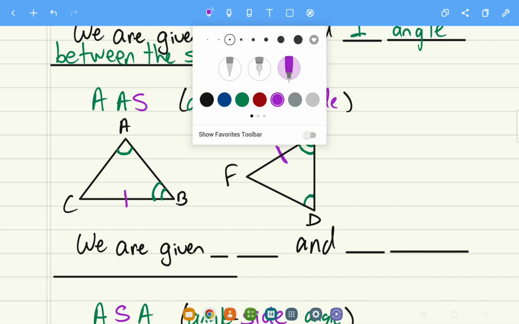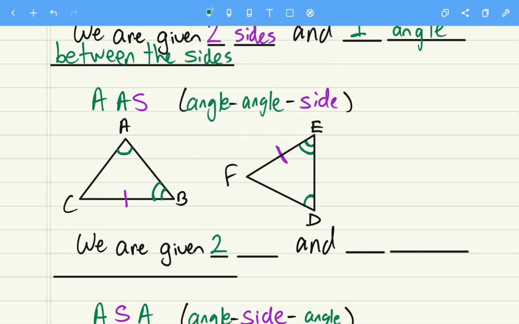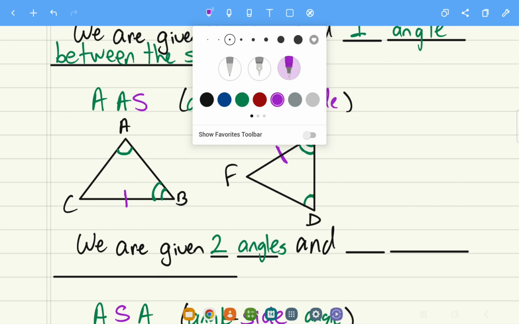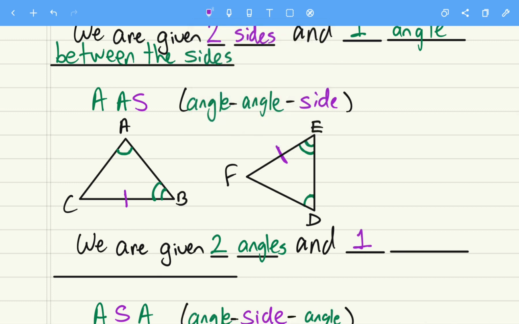So we are given two angles and one side next to or outside the angles. So it's not in between the angles that we're given.